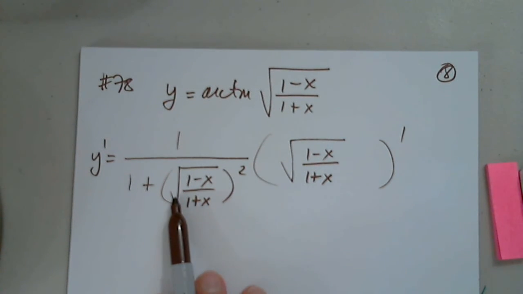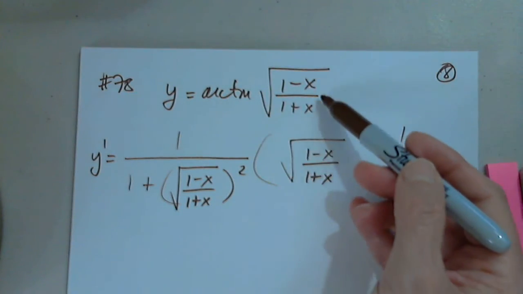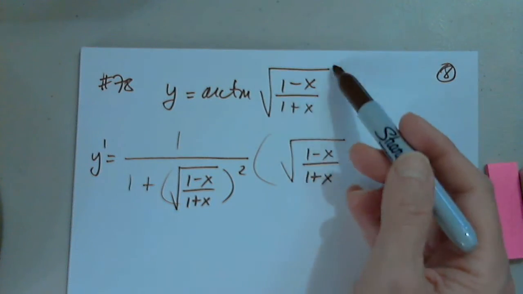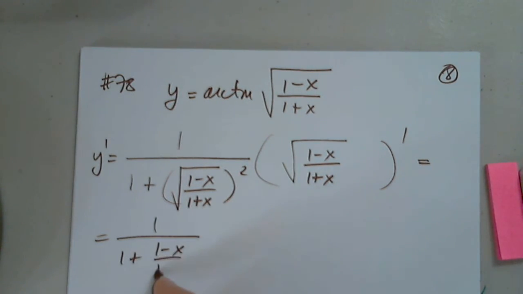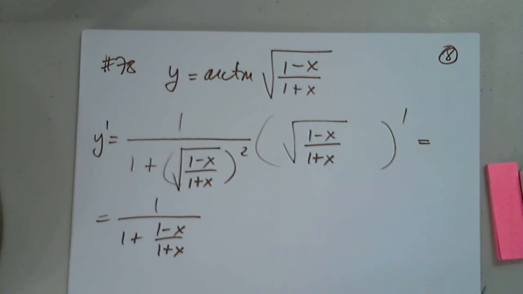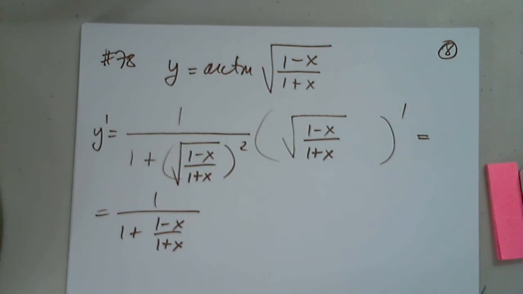When I square a square root, under certain conditions, this quantity has to be positive, otherwise we cannot take the square root, right? So when I square this, what do I get? I get 1 over 1 plus 1 minus x over 1 plus x. Do we agree with that step? Okay, times. Now I'm differentiating the square root.